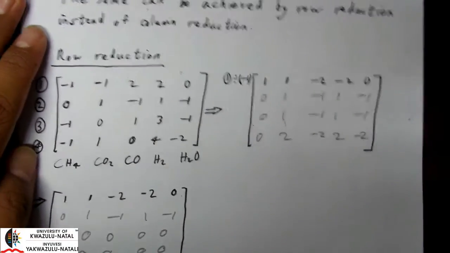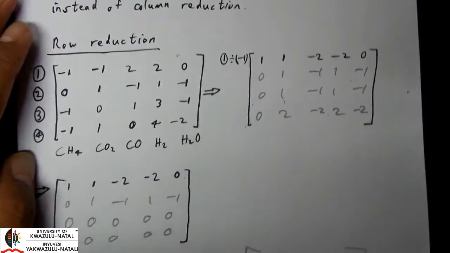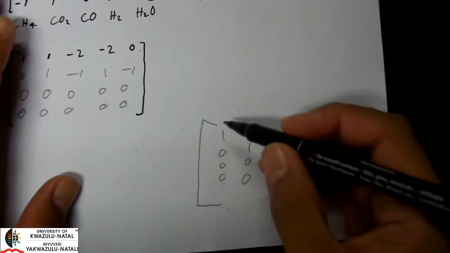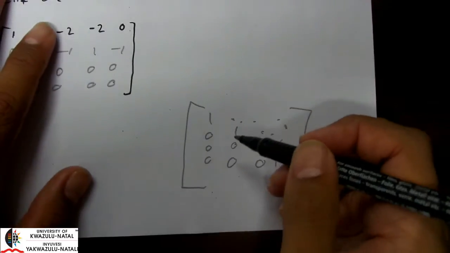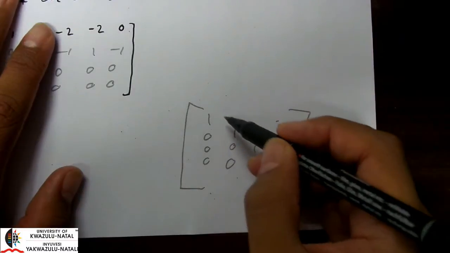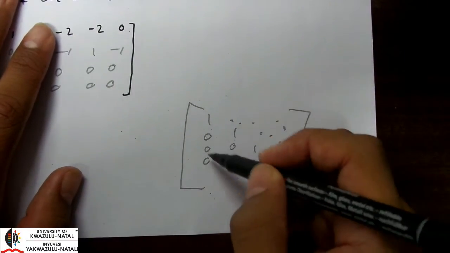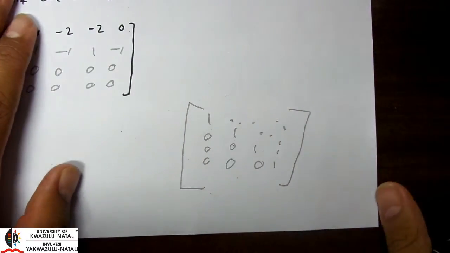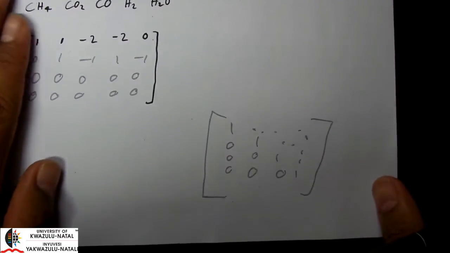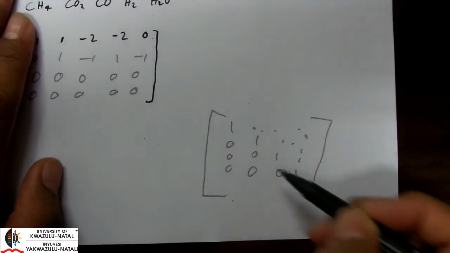Okay, and we do our row reduction quite similar to the column reduction. And of course our aim will be to get this particular type of matrix where we have ones coming down diagonally and zeros underneath them. Okay, so it's important not to confuse them. This is in the case of row reduction.